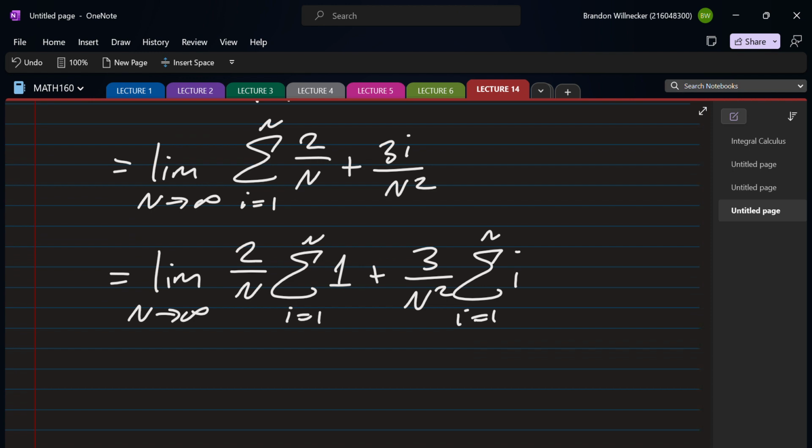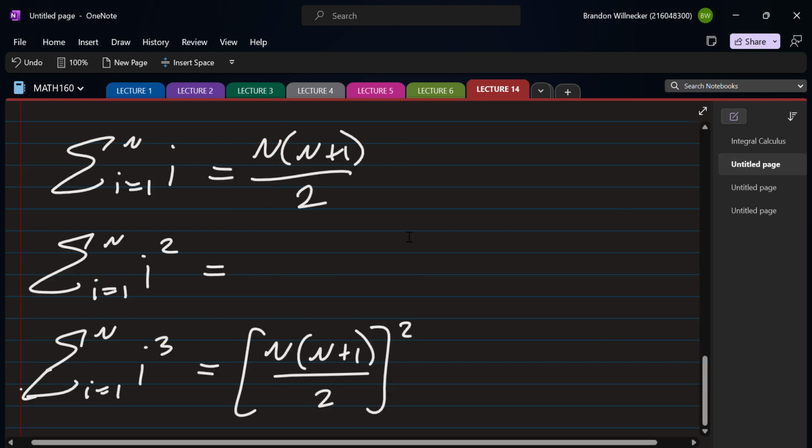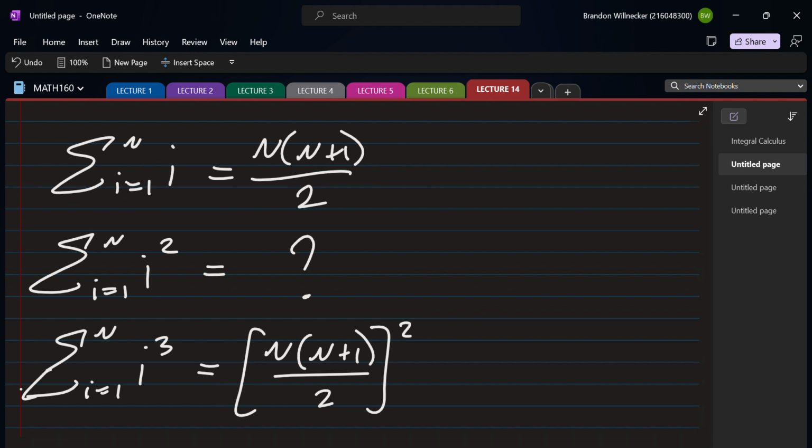Now, for each of these sums, we can replace them with the closed form expression. This one I'll leave for you to find out. A quick Google, you'll see what it is. The reason I do that is if you do a little bit of research on your own, you remember it better.